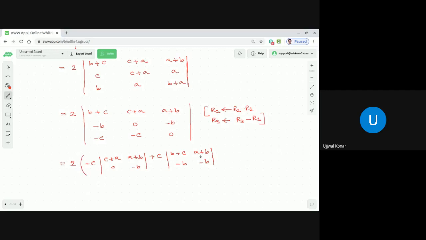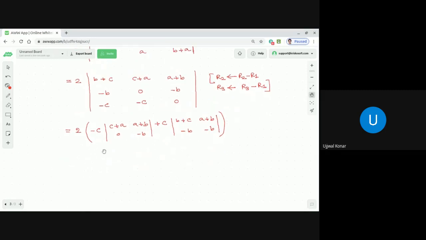So this we can write. Now from here, we can take 2 into minus C common. So this is equal to 2 into minus C, and then C plus A plus B, 0, minus B, and that minus B we are taking common.